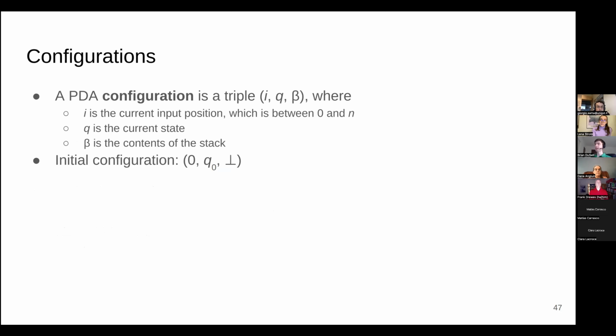Formally, a PDA configuration is a triple (i, q, beta), where i is the current input position in the input string, q is the current state, and beta is the contents of the stack. The initial configuration is (0, q0, bottom symbol).